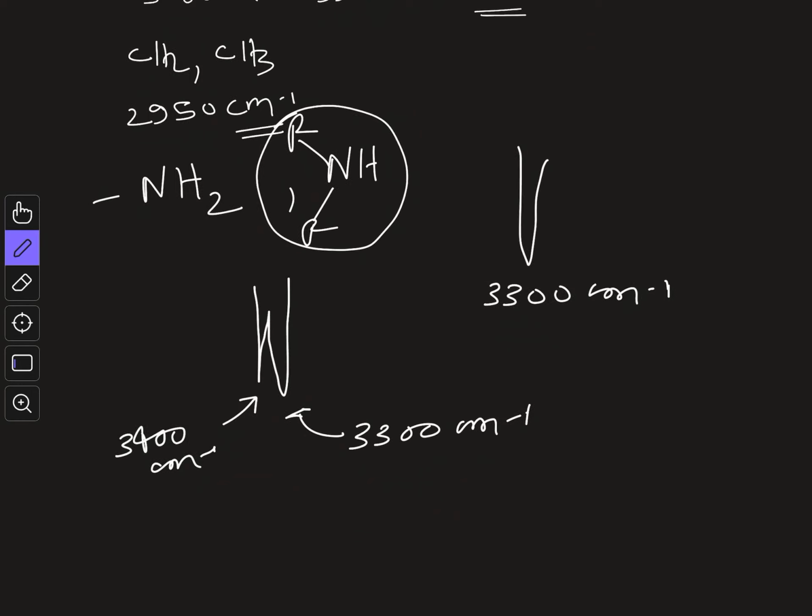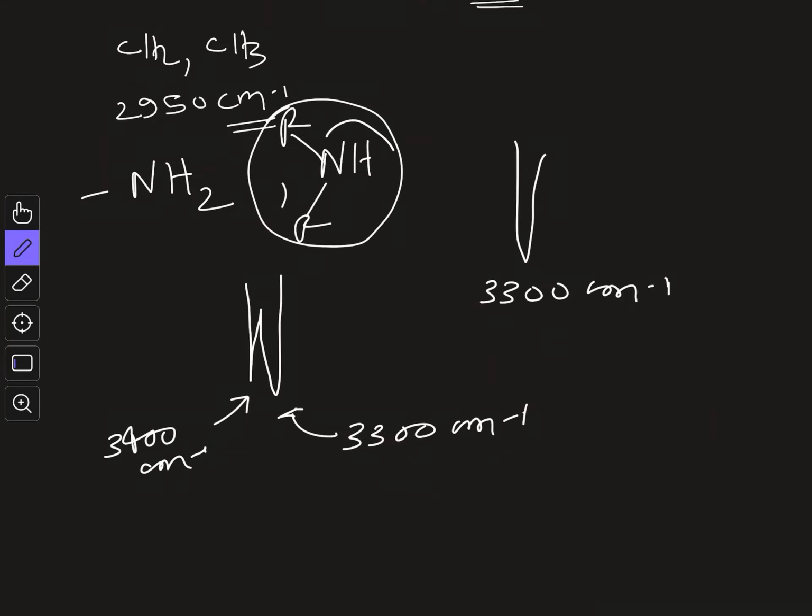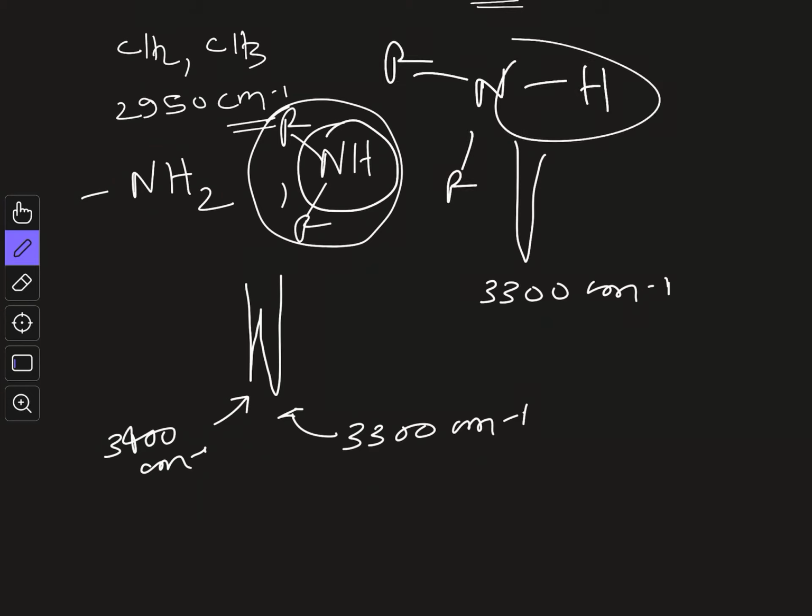How many peaks we get, whether a singlet or multiplet, depends on how many bonds of the same type are connected. For example, in the NH group we have only one NH bond, others are NR bonds, so this NH bond is different from all other bonds around it. But for the NH2 group we have two NH bonds, and that's where the interesting thing occurs.